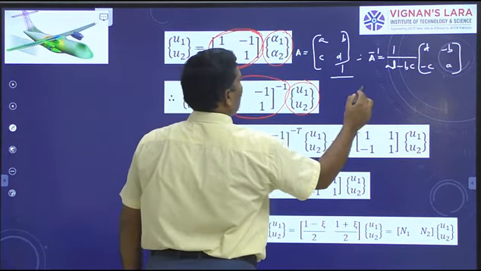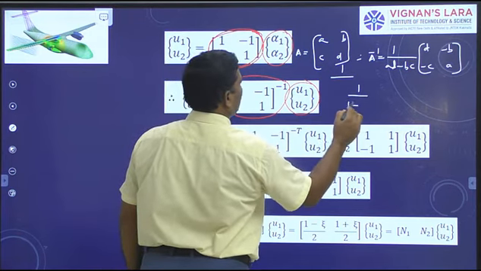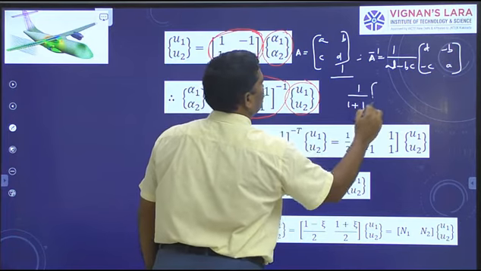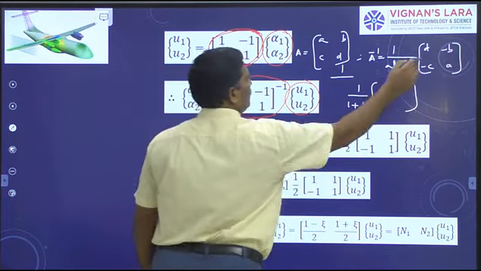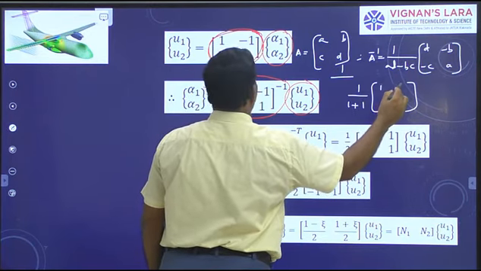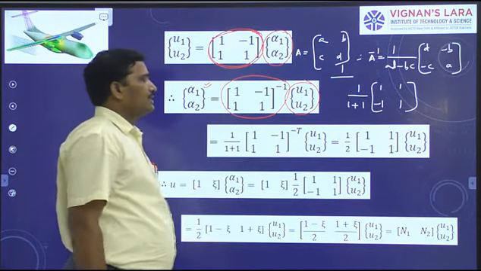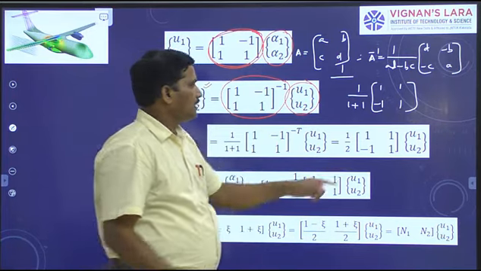Now, the inverse of this matrix we want. How do you get it? 1 by 1 into 1, 1 minus of minus 1, that is plus 1, into again a 2 by 2 matrix having the elements, according to this, 1, 1 and here plus 1, here minus 1. So 1 by 2 into a 2 by 2 matrix having the elements 1, 1, minus 1, 1.